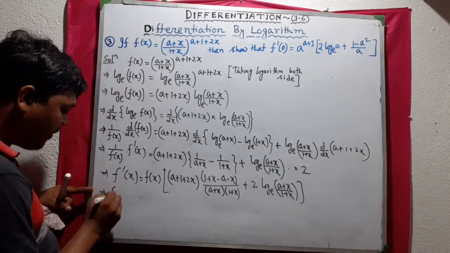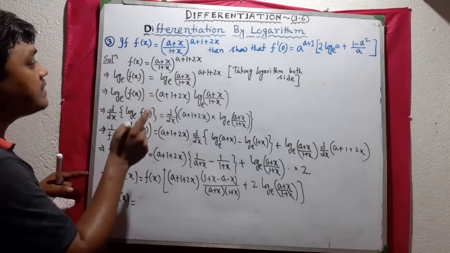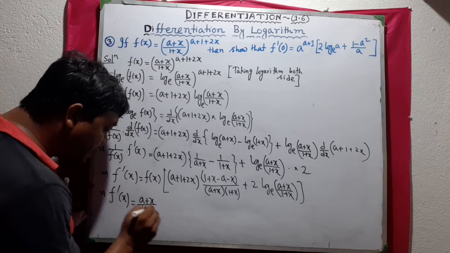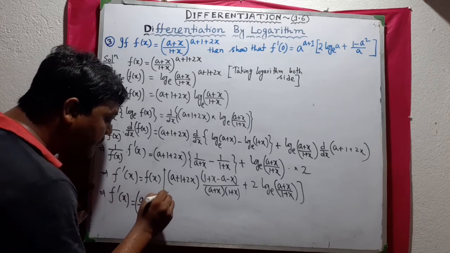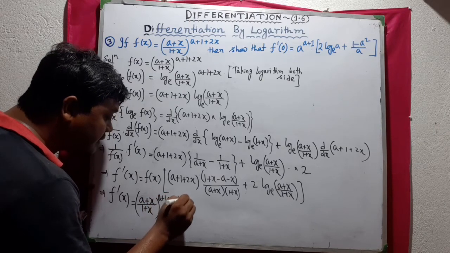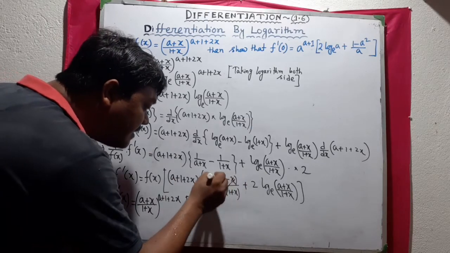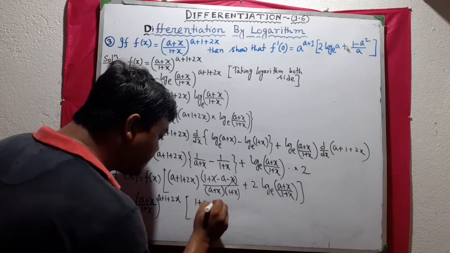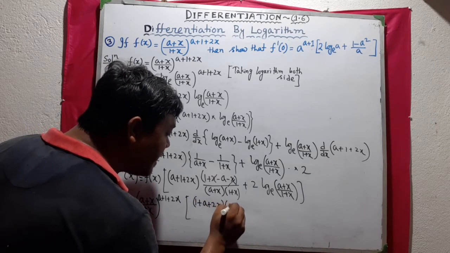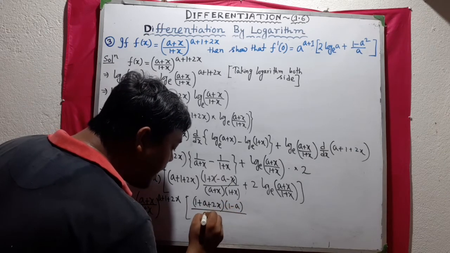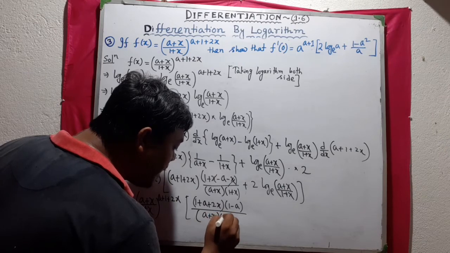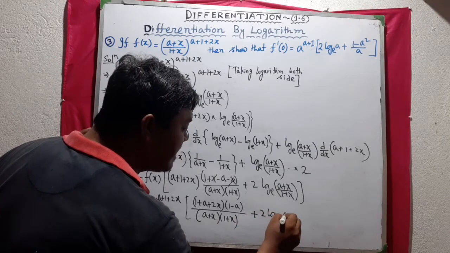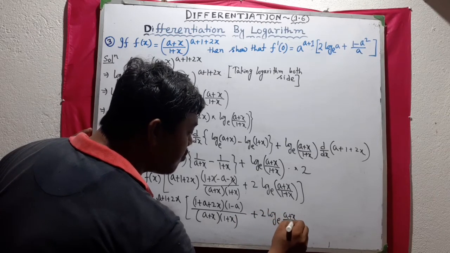And now we put the value of f(x). f(x) equals ((a plus x) by (1 plus x)) whole to the power (a plus 1 plus 2x) into, x cancelled, 1 minus a, so (1 plus a plus 2x) into (1 minus a) by ((a plus x) into (1 plus x)) plus 2 log base e of (a plus x) by (1 plus x).